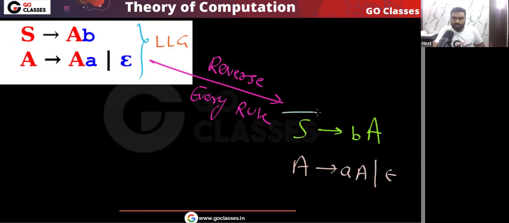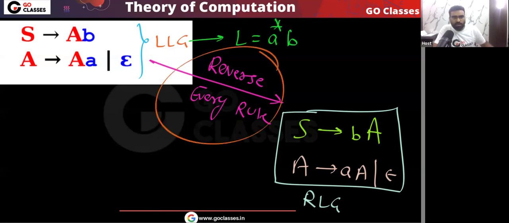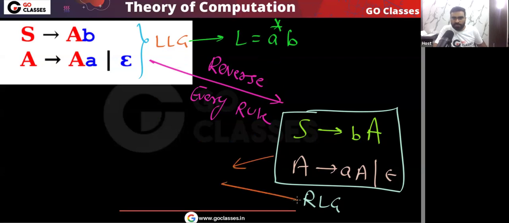Now you can easily notice this is a right linear grammar. Yes or no? And tell me what the language is here. For the left linear grammar, the language was A star B. Now when you reverse every rule, you got a right linear grammar. What is the language for this right linear grammar?